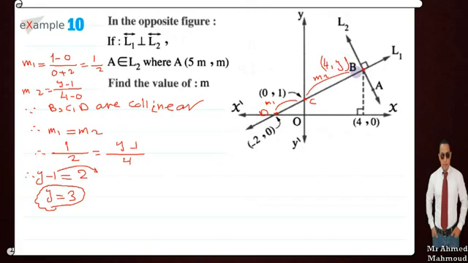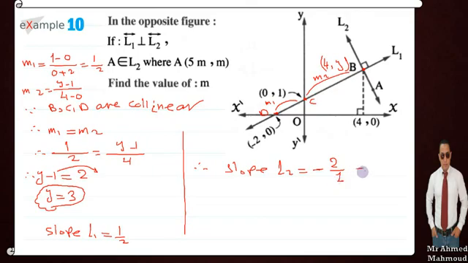Now this line, its slope equals 1 over 2. The slope of L1 equals 1 over 2. Therefore the slope of L2 equals, upside down and change the sign, negative 2 over 1, or negative 2, because they are perpendicular.